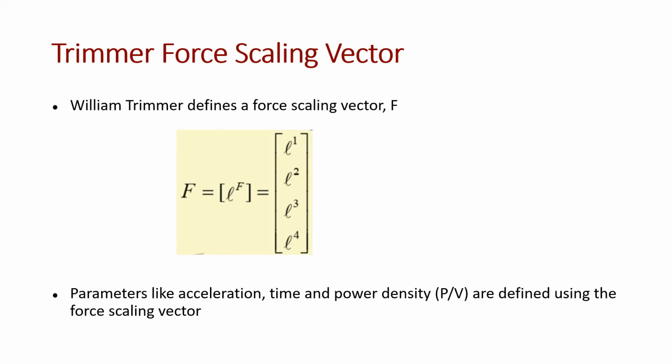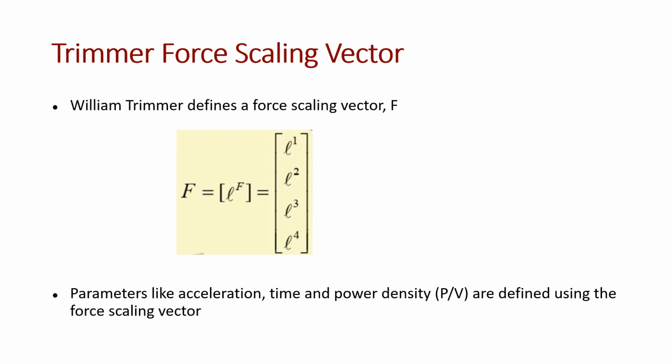In 1989, William Trimmer proposed a unique matrix to represent force scaling. It is a matrix which has the generic name of force scaling vector, represented by F equals L raised to F. It has 4 elements: L raised to 1, L square, L cube, and L raised to 4.